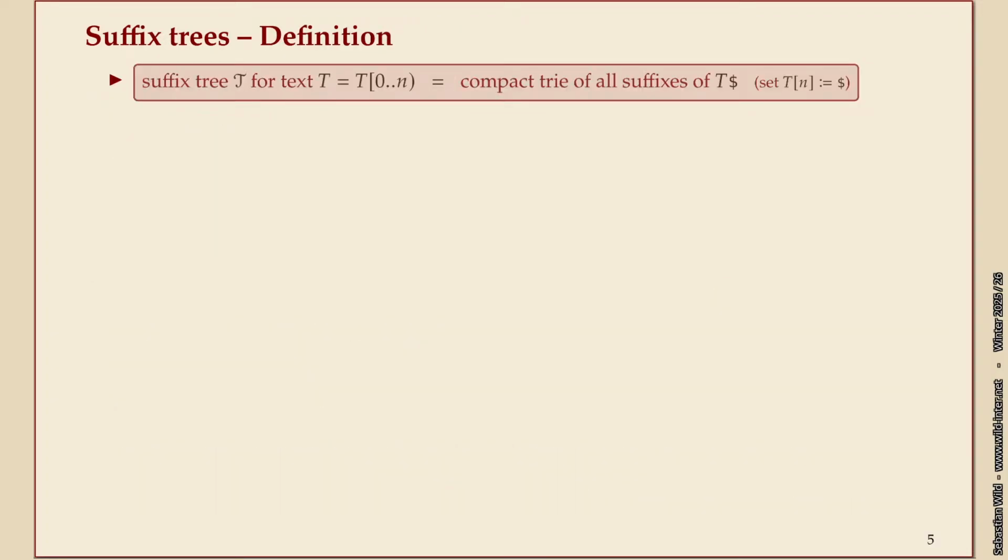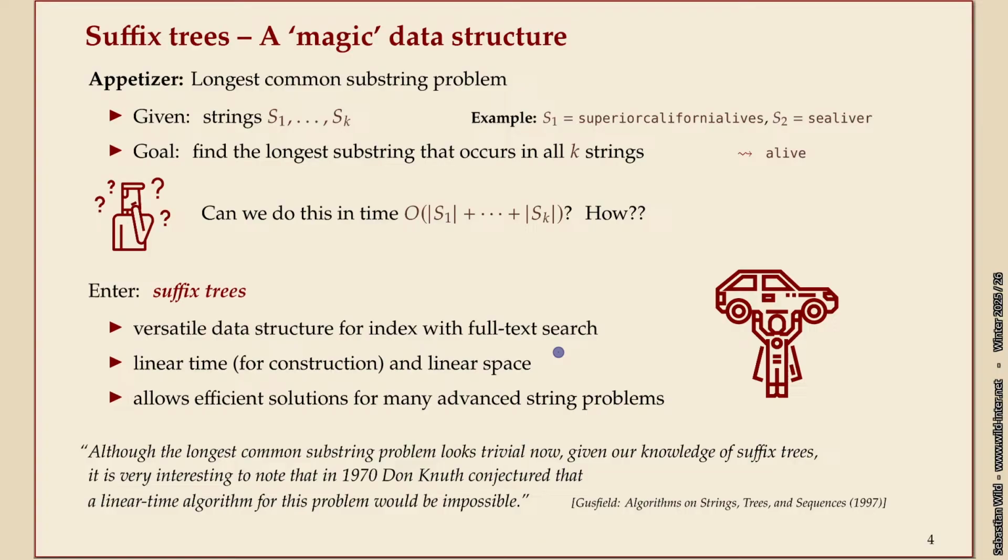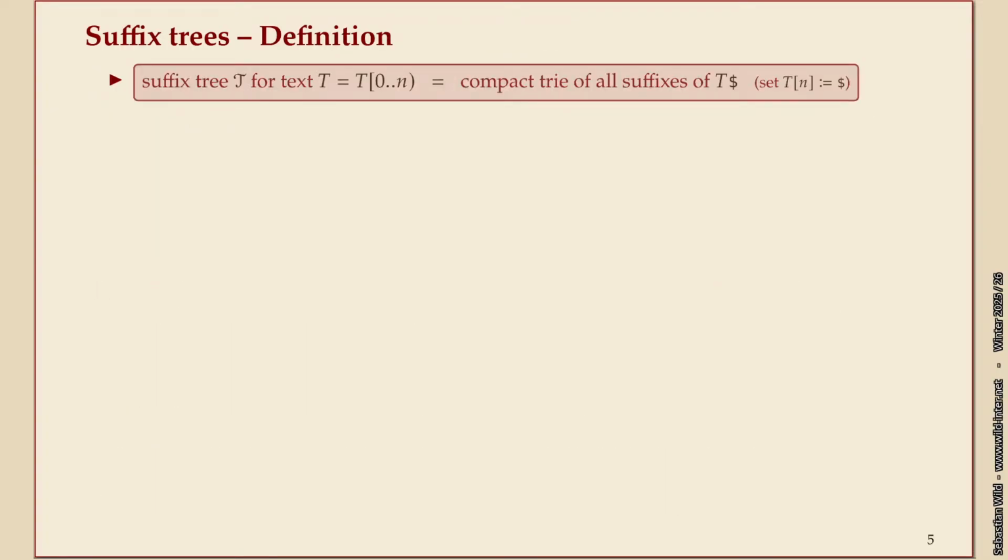So what is the suffix tree? It's actually not a complicated thing to define. The tricky thing is just that you can build it quickly. That's the non-trivial bit. A suffix tree is nothing but the compact trie of all suffixes of a text.